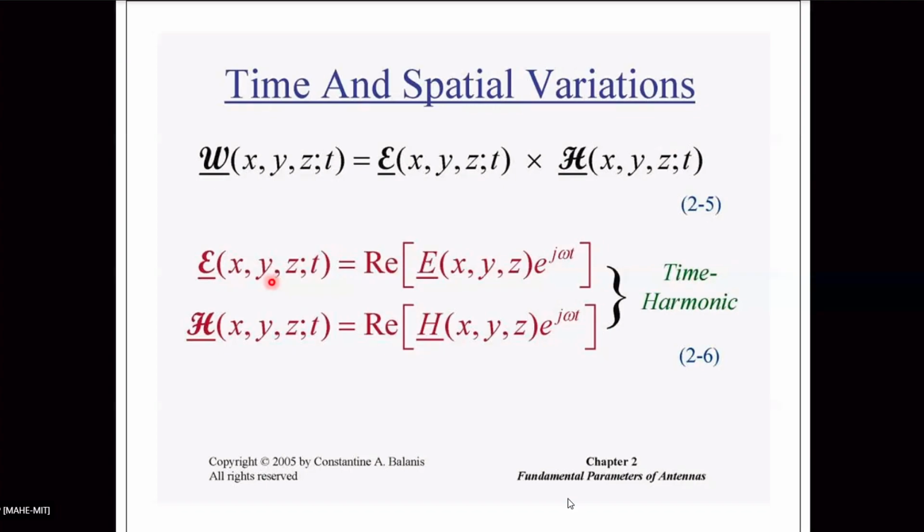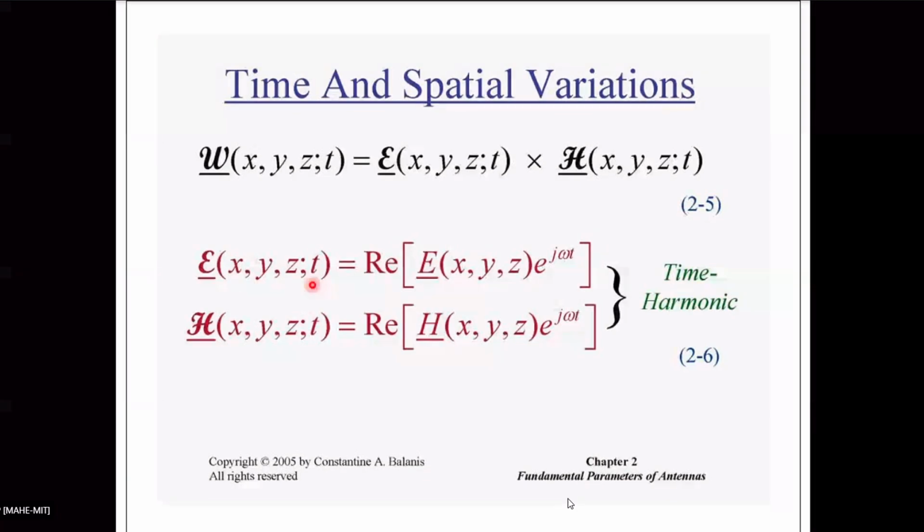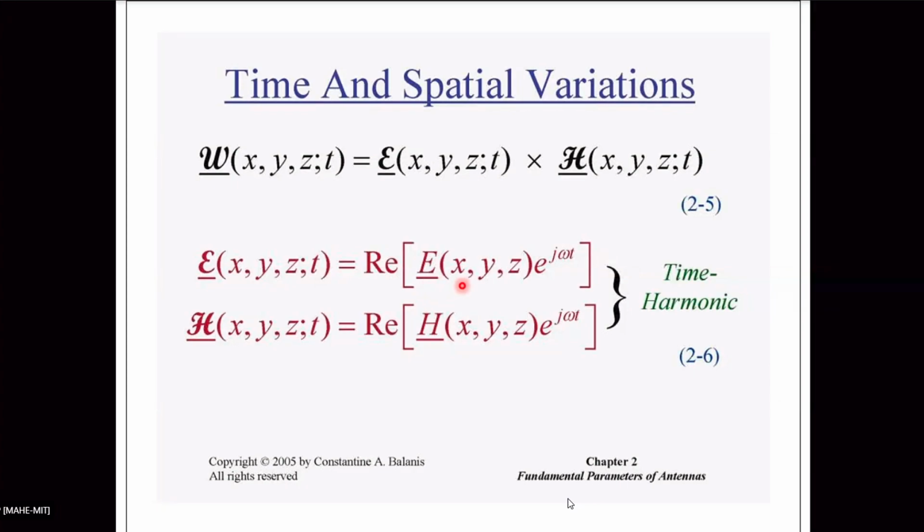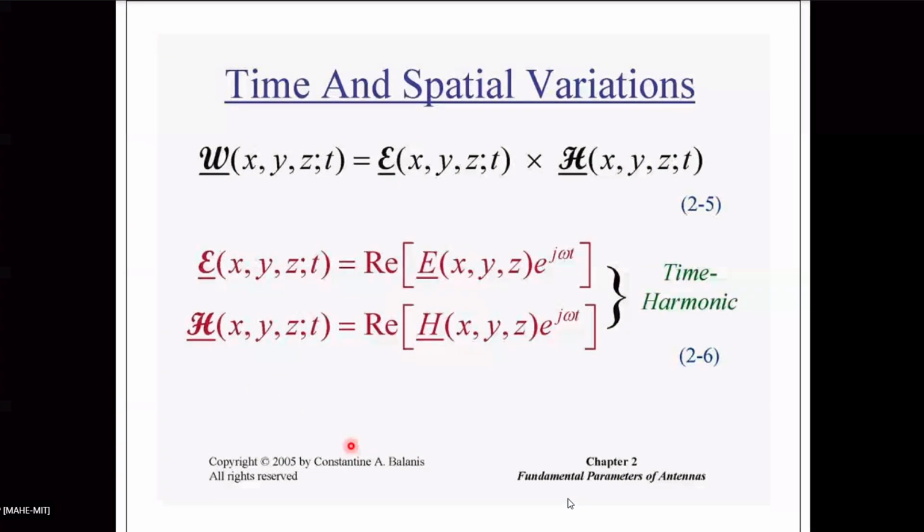So how do we get the instantaneous value of E? Instantaneous e can be a function of x, y, z, and t. It is the real part of the complex notation of E(x, y, z) into e raised to the power of j omega t. See, now I'll tell you one thing. Say an AC source is there. I'll just take a pen.